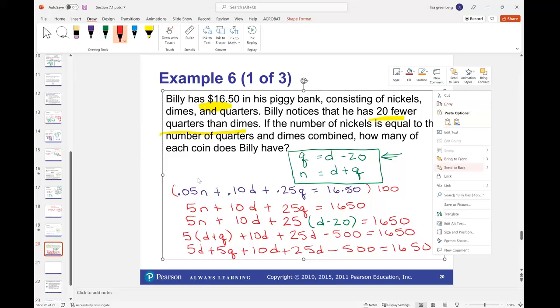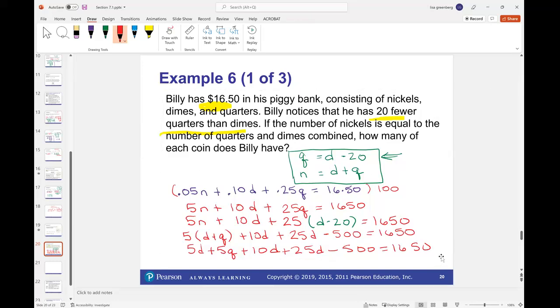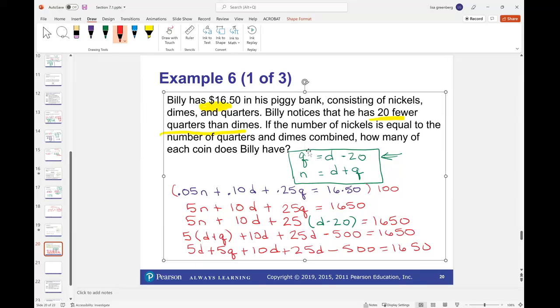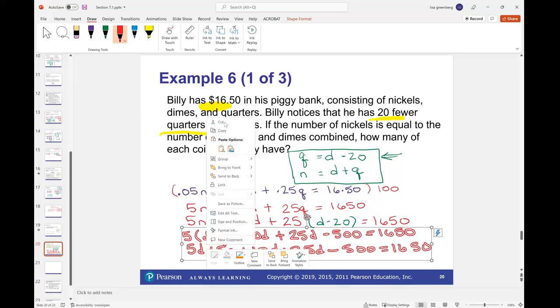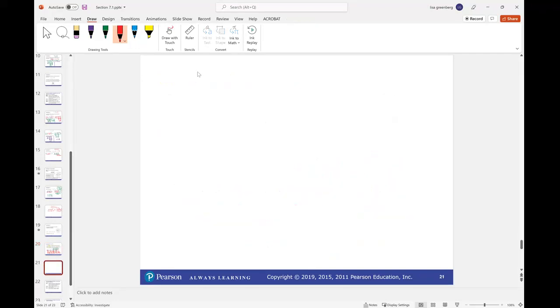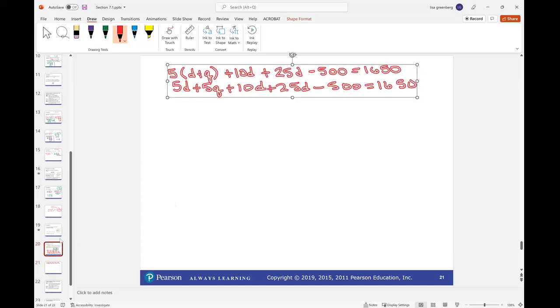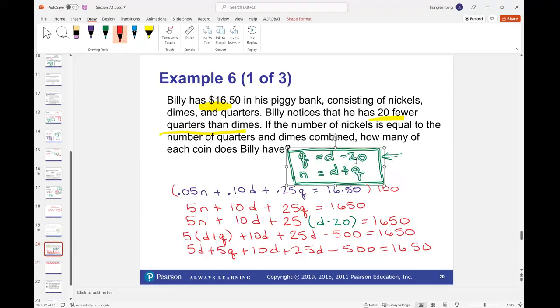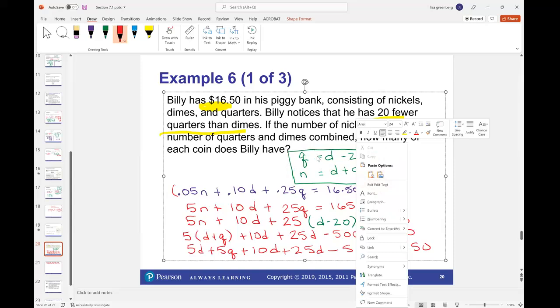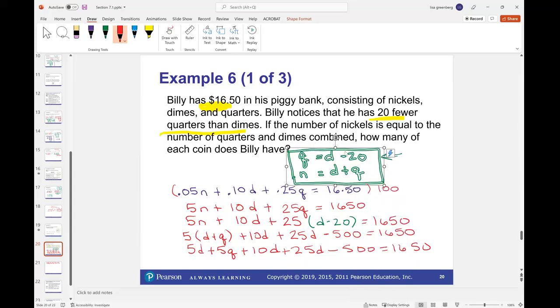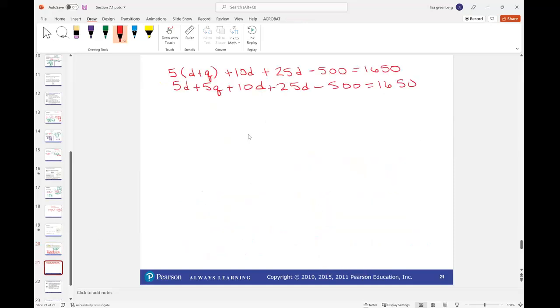So what I'm going to do now is copy this right here. I want this last line here, or I'll take the last two. So we're going to copy and paste. And I also want this. So I want to copy this and paste this here. Okay, so now I have really what I need.